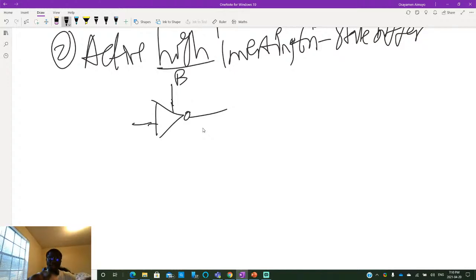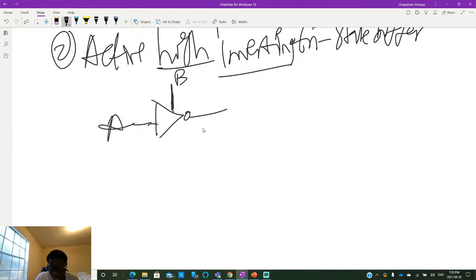The qualifier high for the variation basically means that if B is one, you get the tri-state buffer. If B is zero, you get the high impedance case. But the inverting qualifier signifies whether you have inversion of the input at the output or not. So in this case, we have an inversion.